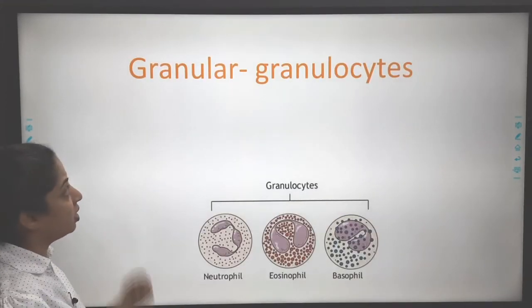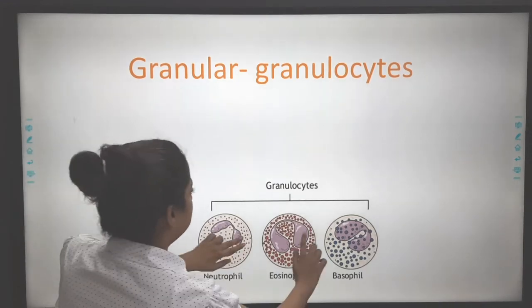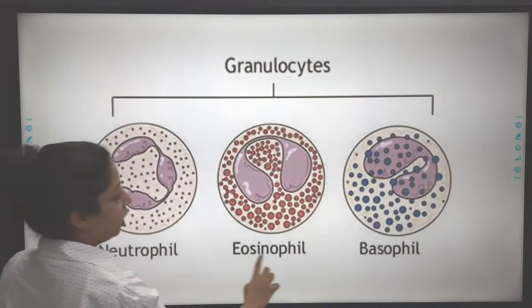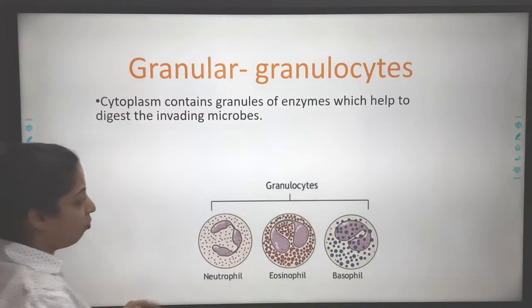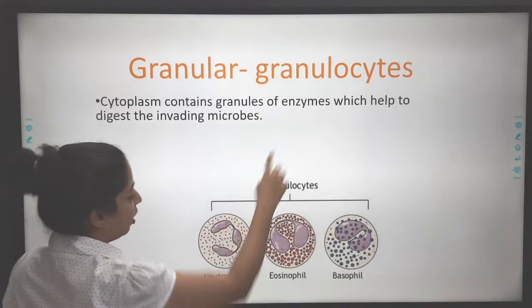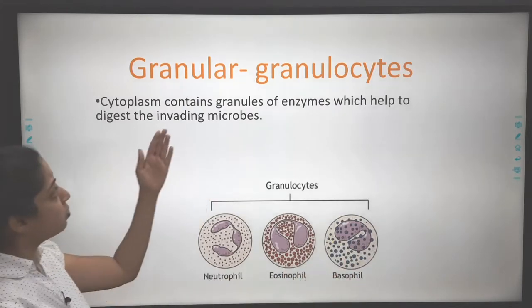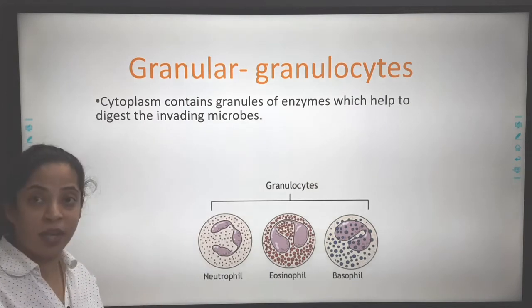So here you can see that granular WBC are also known as granulocytes. So there are three granulocytes: neutrophil, eosinophil and basophil. Cytoplasm of these contains granules. You can see there are granules in the cytoplasm. So cytoplasm contains granules of enzymes which help to digest the invading microbes.